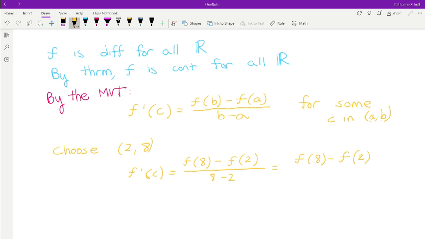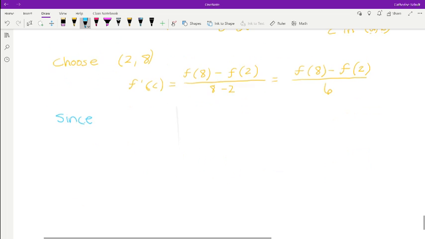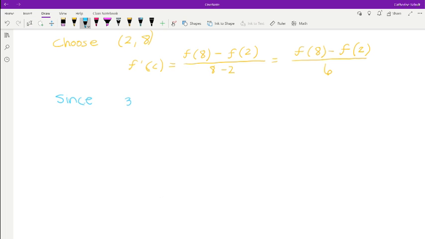All right, lovely. And then what do we know about the derivative? Well, the only thing really we're assuming is that our derivative is always between 3 and 5 for all x, so that has to be true for c as well. Okay, so let's put this, which is also f prime of c, in the middle.